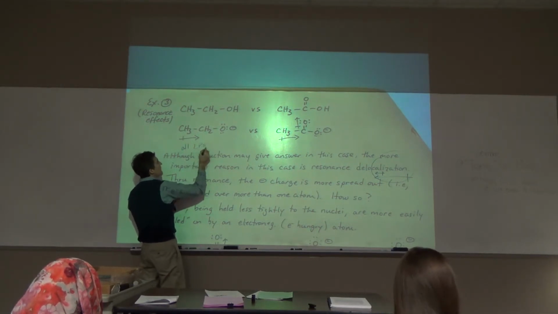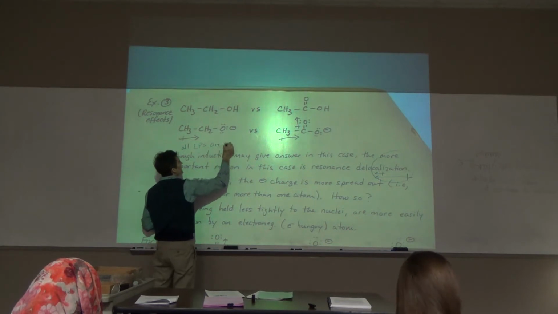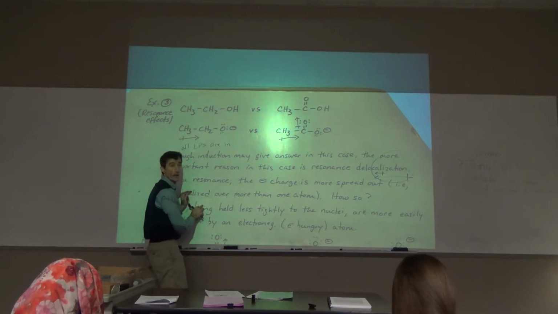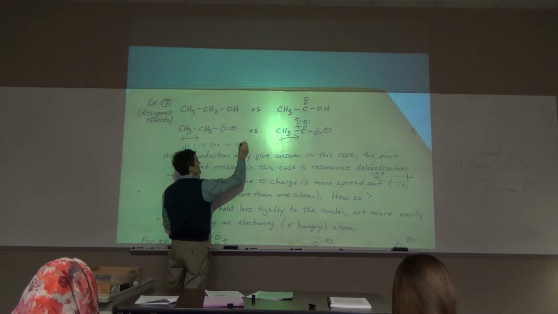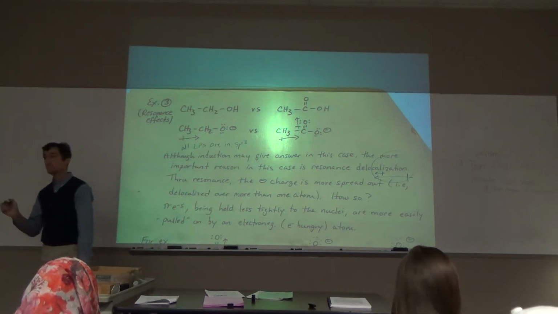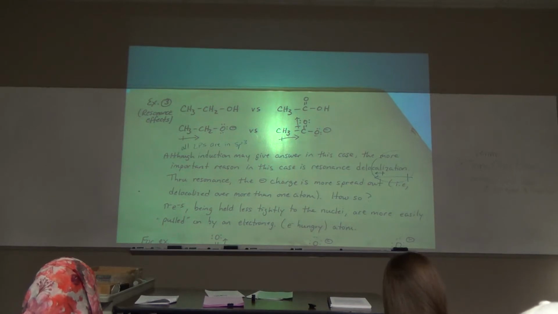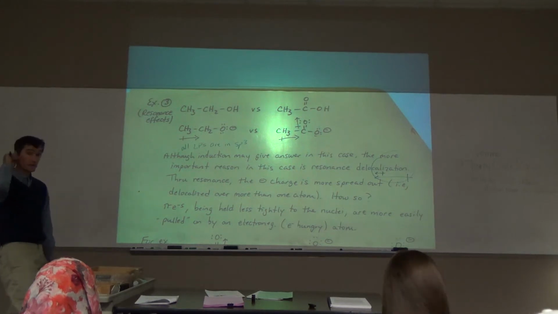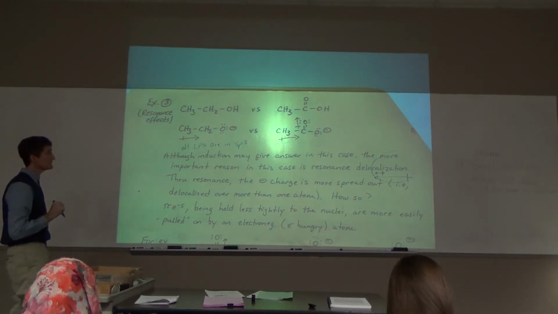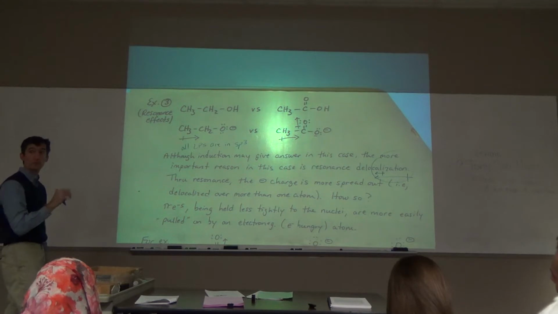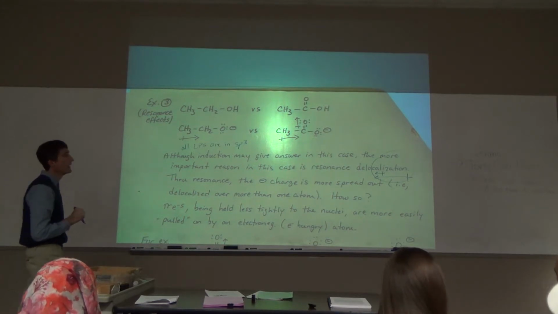Listen, all LPs are in what type of orbital? sp3, right? I reckon you said sp3, but if you want me to hear you and respond to you, you've got to speak loud. They're all in sp3. Hopefully we know that. Okay?